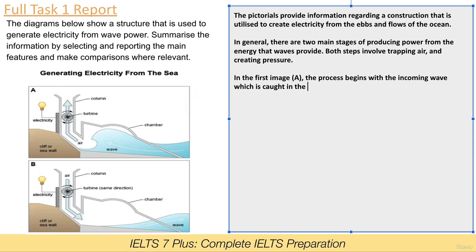caught in the chamber. We've got structure in the question, we've used construction, that has been built, maybe. Should we mention that actually this is all able to happen because there is a cliff or a sea wall that this is attached to, if you like?